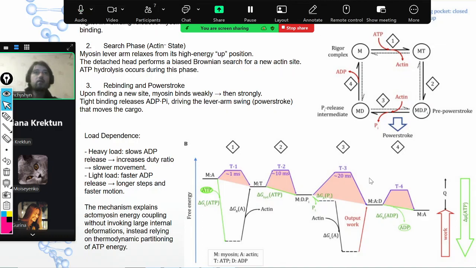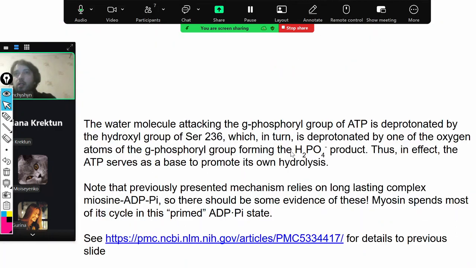So if there is a heavy load, they all are waiting for many of those heads to be ready to perform a power stroke, and that's basically performed on the step of releasing ADP. So whether it spends more time in the state with the ADP or it's releasing it faster. And this is the process that we have.